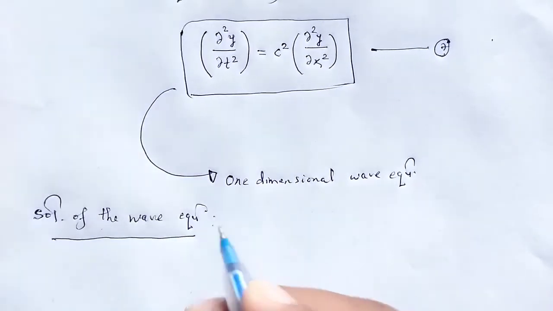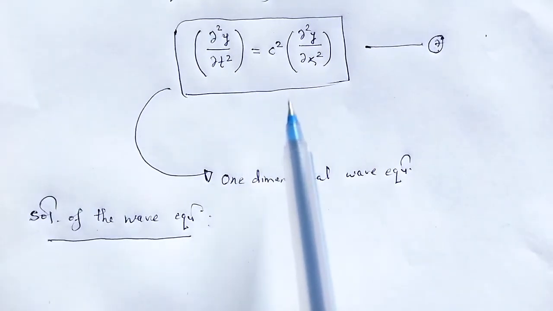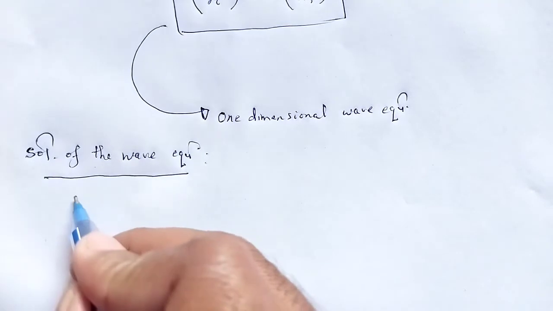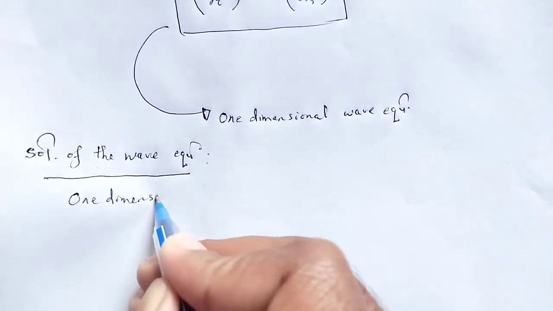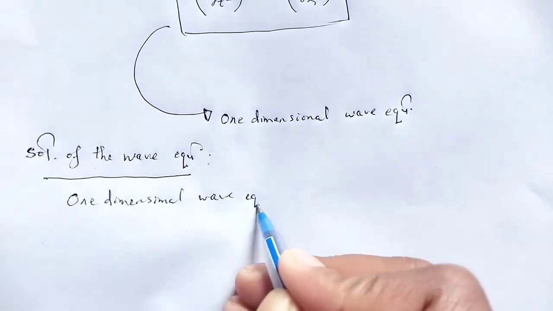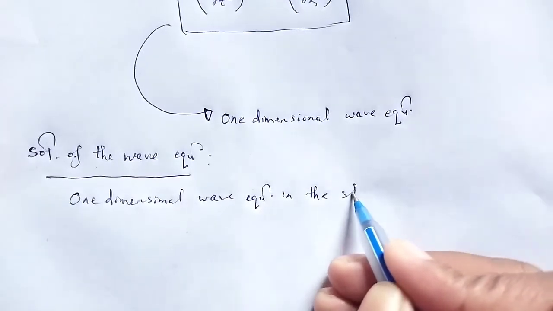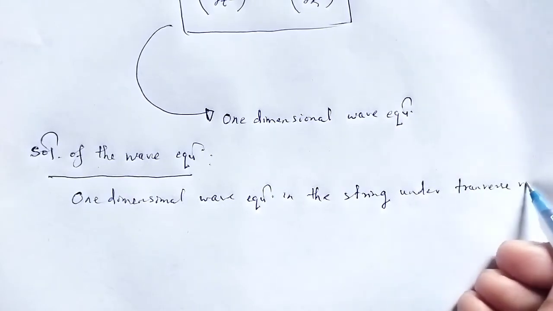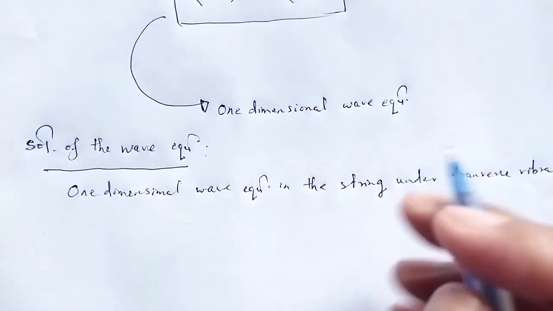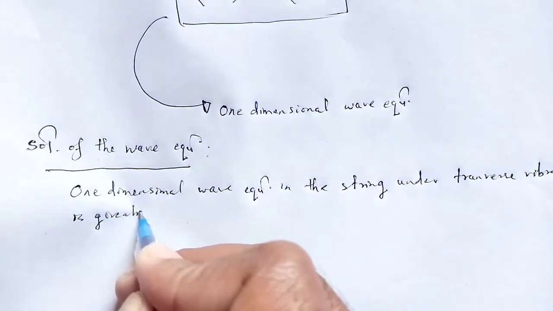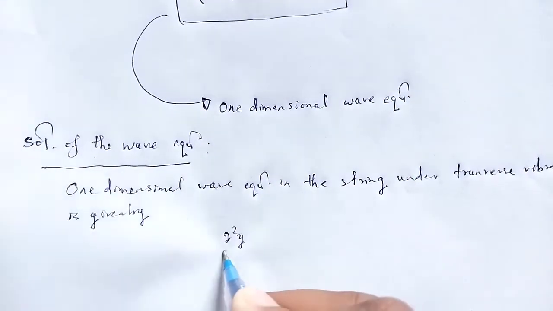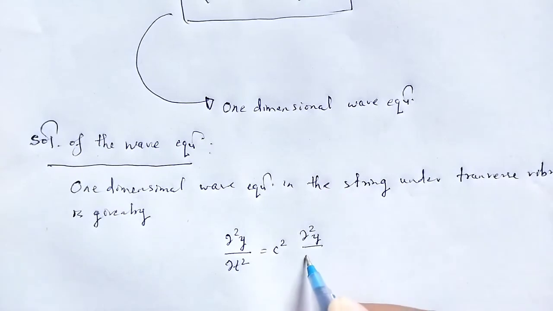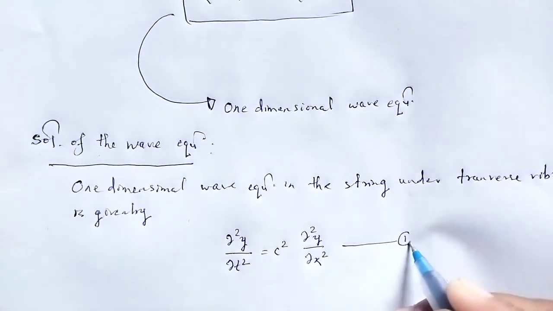The one dimensional wave equation in the string under transverse vibration is given by del 2y by del t2 is equal to c square del 2y by del x2. That is equation number 1.